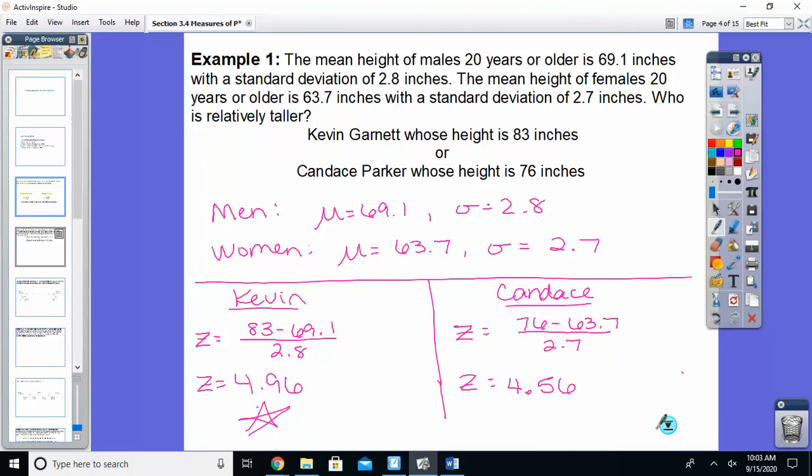Right. Would have been her, because she would have been closer to the average at that point. All right, so you do have to pay attention to how the question is phrased. Am I asking for the more extreme value or the one that's closer to average? Are they positives or negatives? So you do have to think about that a little bit. Any questions there?